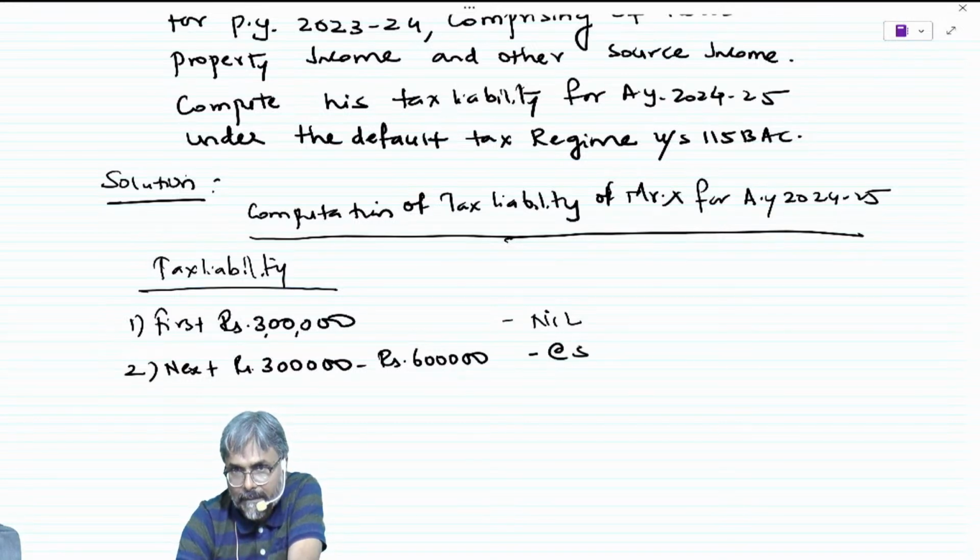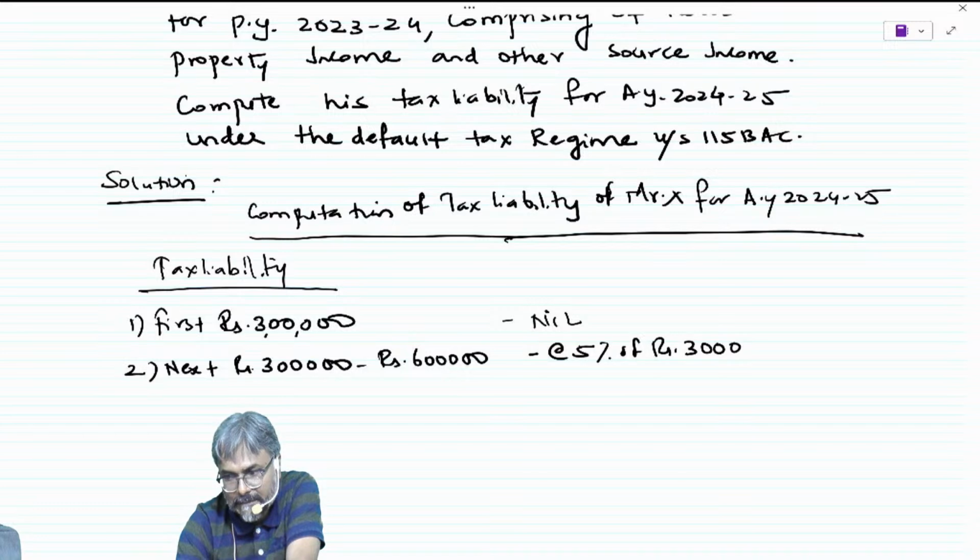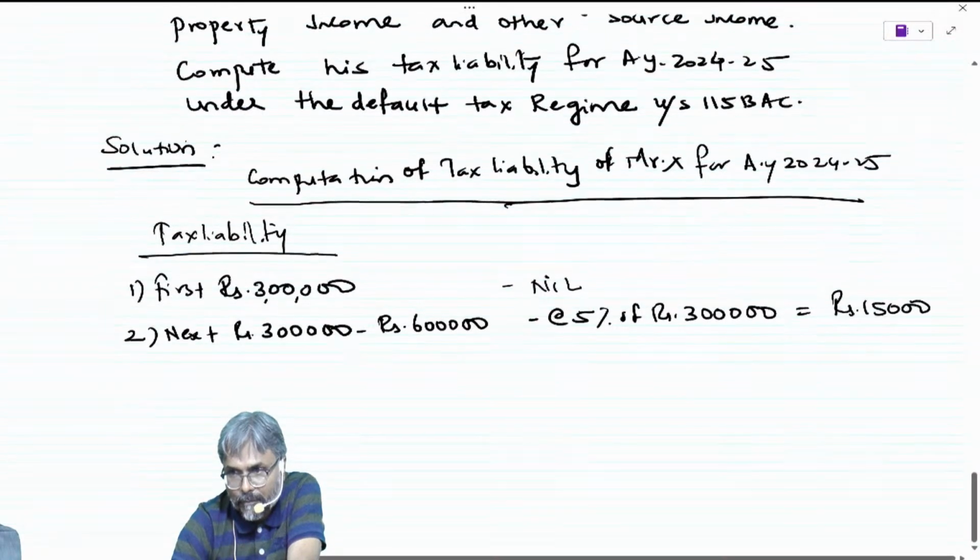What is the rate? 5%. So the difference you have to take. On this difference, how much is the difference? 5% of rupees 3 lakhs. So how much do you get? Rupees 15,000.